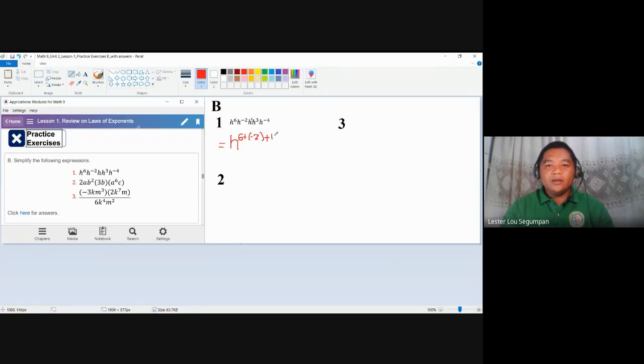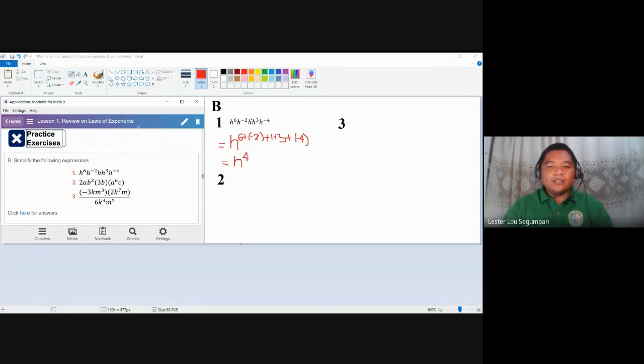So plus 1, and then plus 3, and plus -4. This is done because all of the exponentiations in number one have the same base, and therefore, simply add the exponents. So 6 plus -2 is 4, plus 1 is 5, plus 3 is 8, plus -4, which is actually 4.